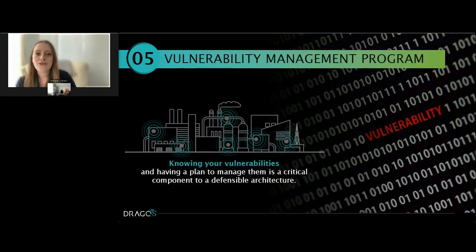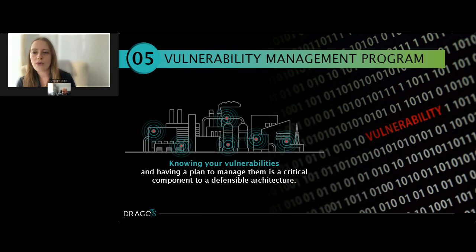And finally, a vulnerability management program. We talked a little bit about this as part of OT visibility. First, knowing your assets, then knowing your vulnerabilities and which assets they may or may not apply to. Now we take it a step further, where we prioritize those vulnerabilities.